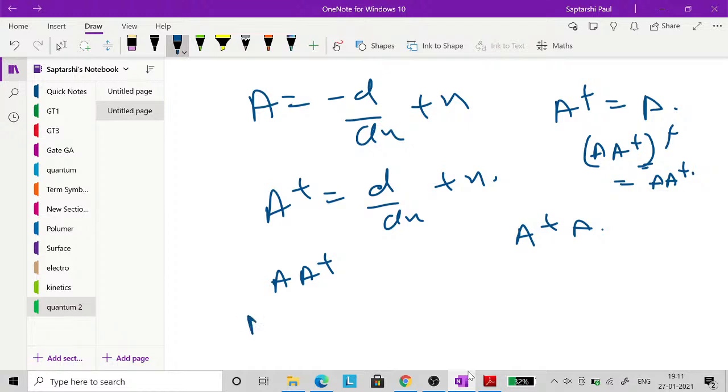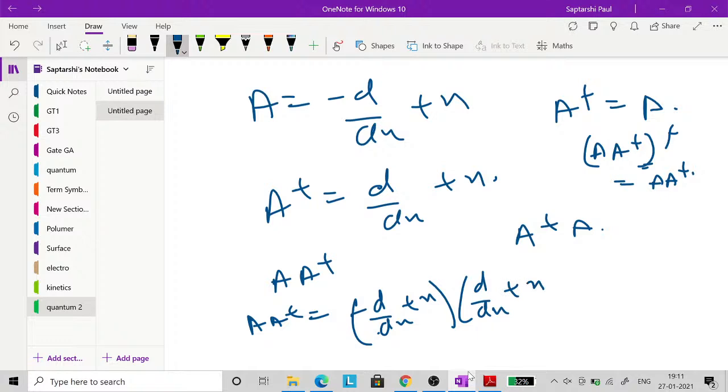And we can say that A dagger is this. So we have to prove that this is Hermitian, right? So you have to take the whole thing on this and then you have to prove it. Okay, that was more or less of it. I'm not doing this, so you can do it on your own.